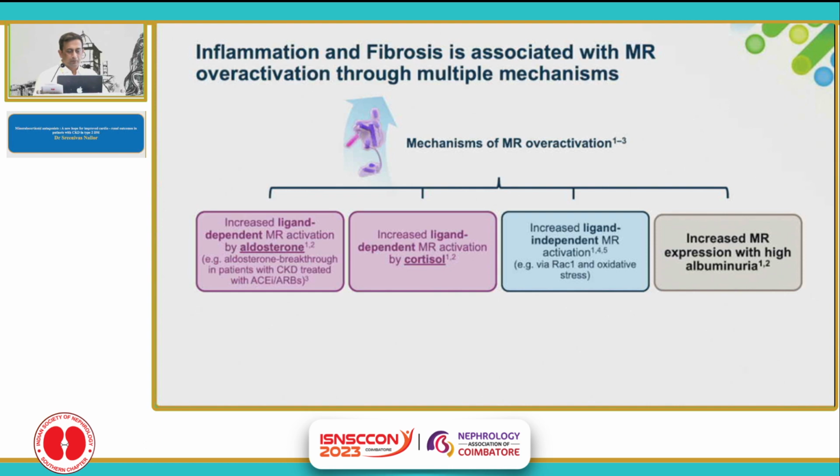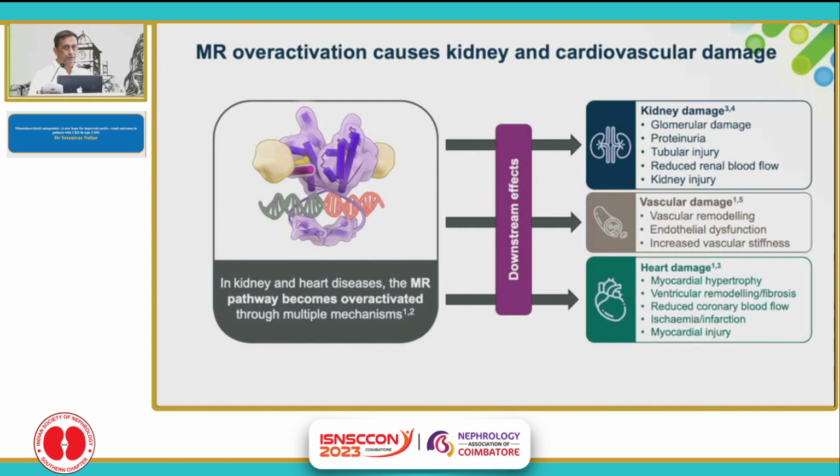It is predominantly mediated by increased ligand-dependent MR activation by aldosterone itself, increased ligand-dependent MR activation by cortisol, increased ligand-independent MR activation by RAC1 and oxidative stress, and as such, mineralocorticoid receptor expression might be increased, especially in patients with high albuminuria. So there is evidence for mineralocorticoid receptor overactivation, and this is thought to drive the inflammation and fibrosis which we see in our CKD progression.